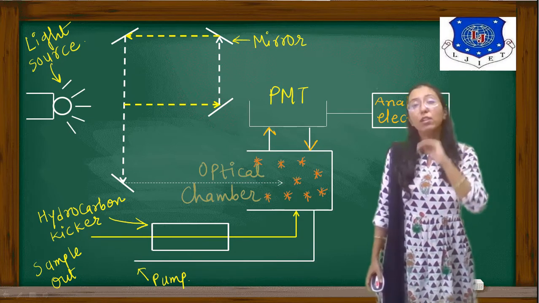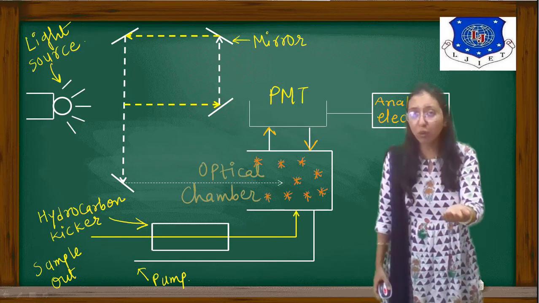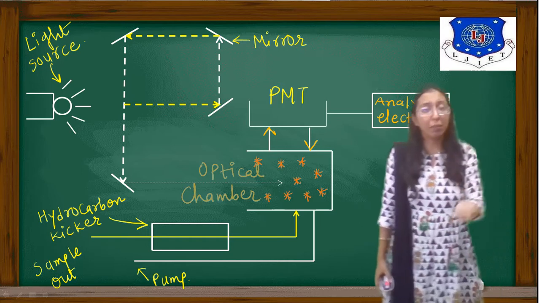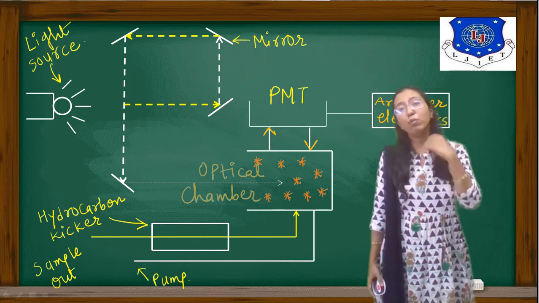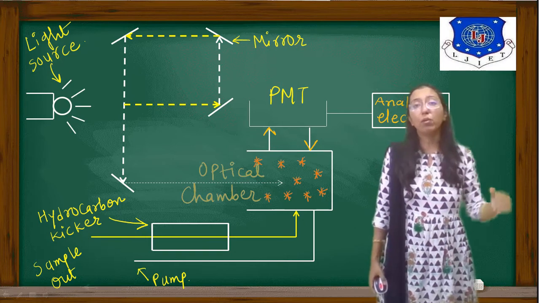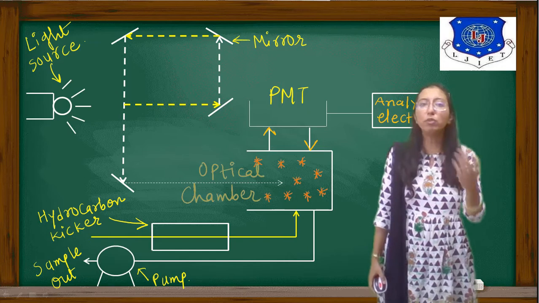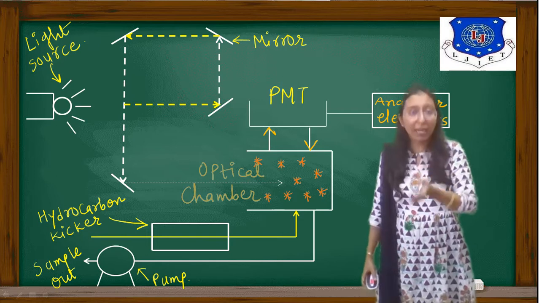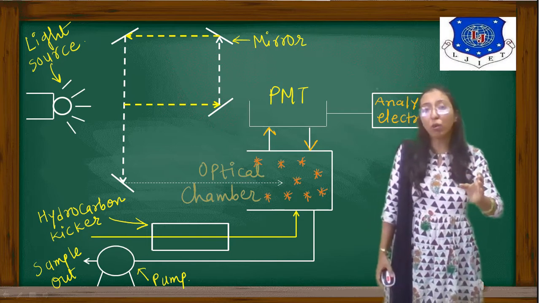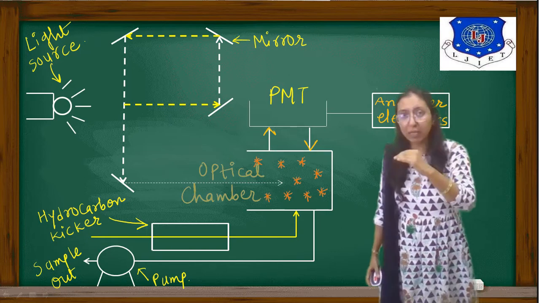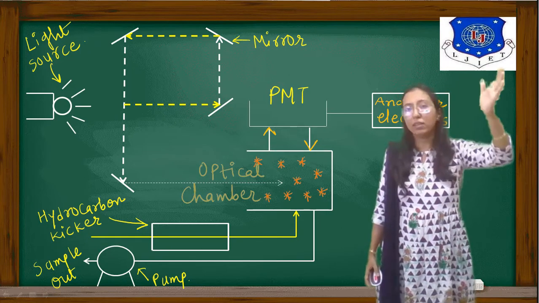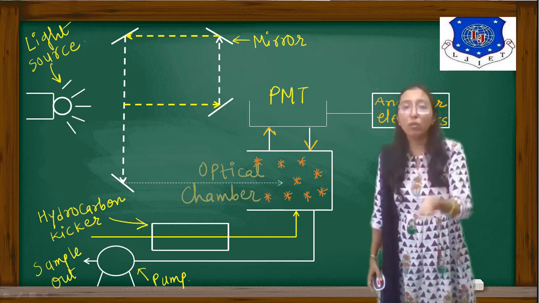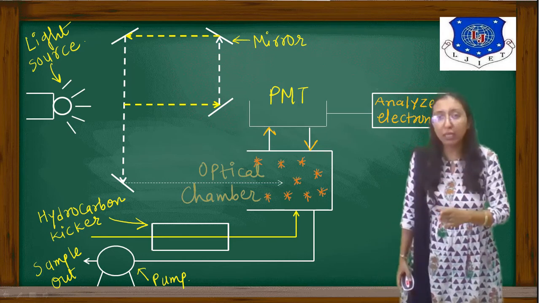From the optical chamber, the sample goes to the flow sensor, then to the pump, and the pump sends the sample out. Here we are using a light source, and from the light source the light goes to the first mirror, then the second, third, and fourth. So the four mirrors act as band pass filters.